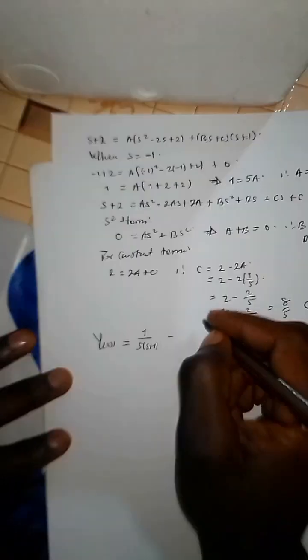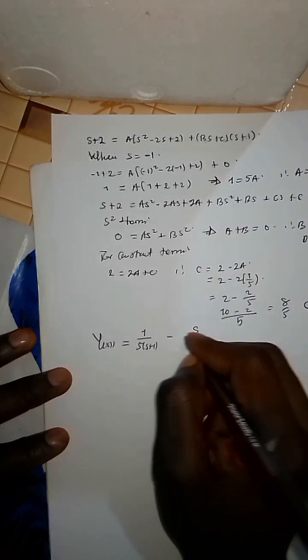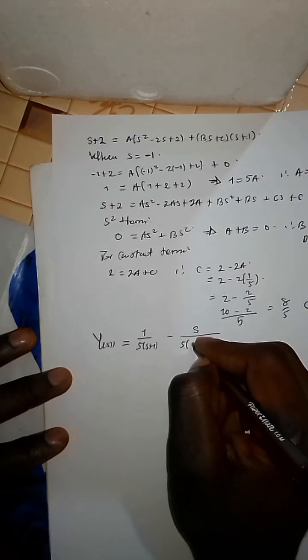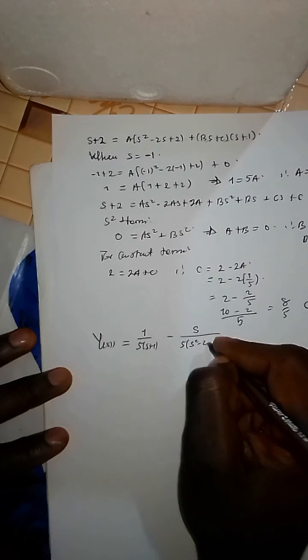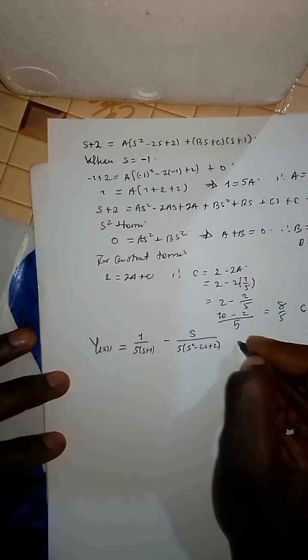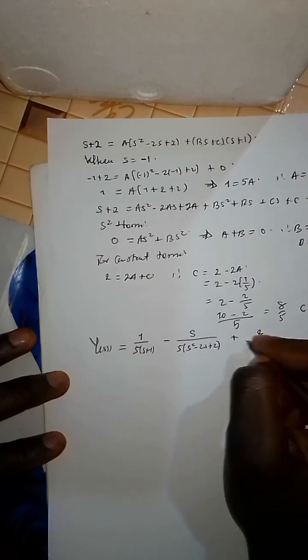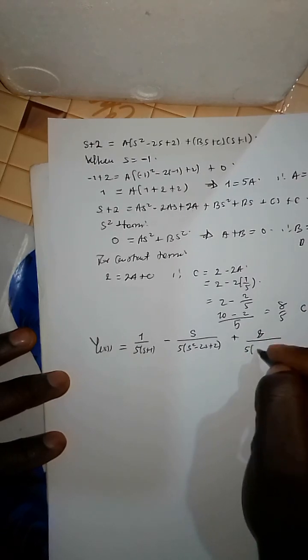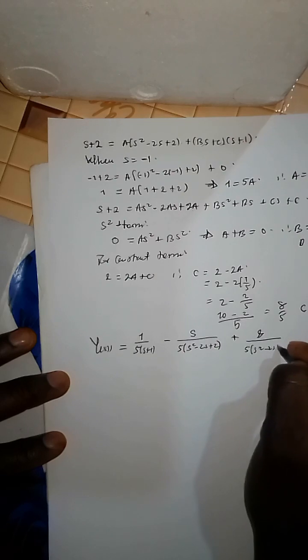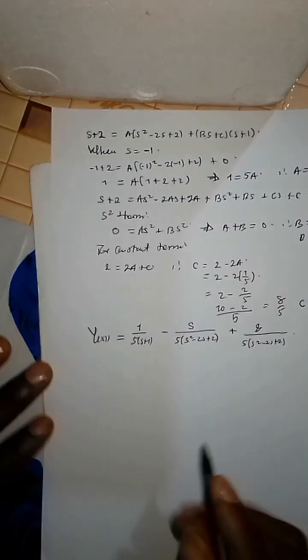So we will be having s all over 5 into (s² - 2s + 2) plus C, which is 8 all over 5 into (s² - 2s + 2).